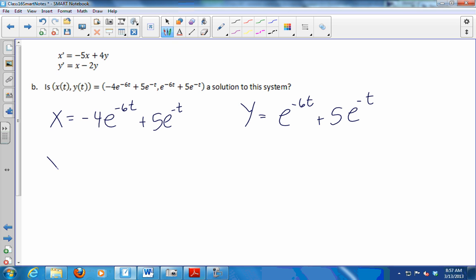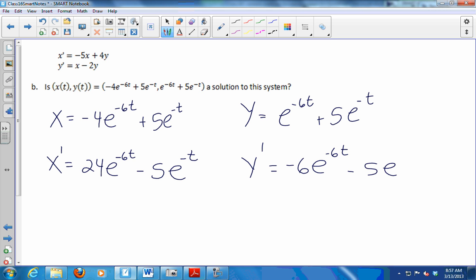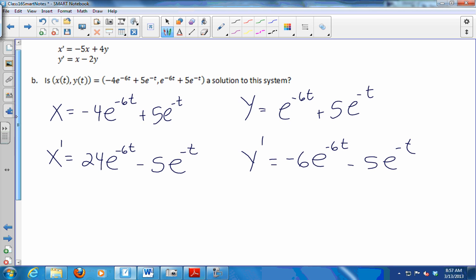So that means that x prime is 24 e to the negative 6t minus 5 e to the negative t, and y prime is negative 6 e to the negative 6t minus 5 e to the negative t. So now I know x and y, I know x prime and y prime. I'm just going to plug everything I know into my two equations and hope that they are true.